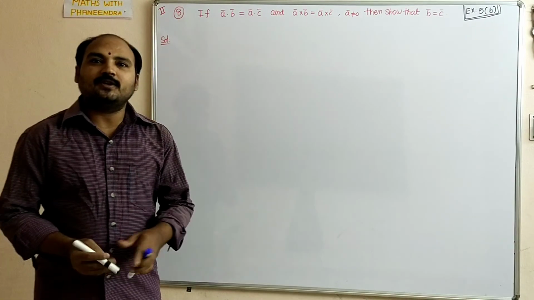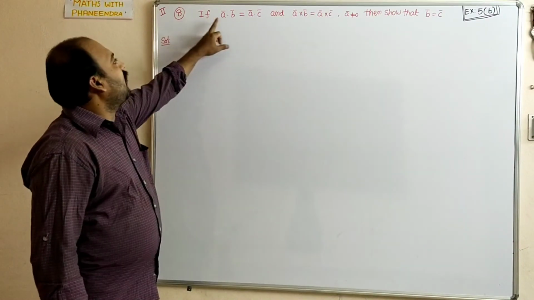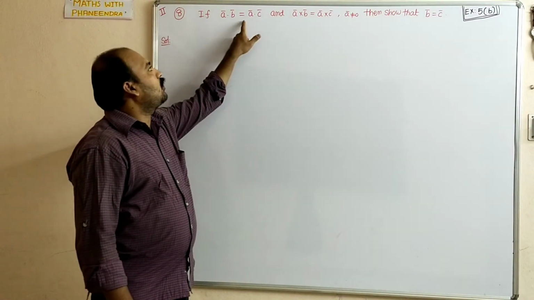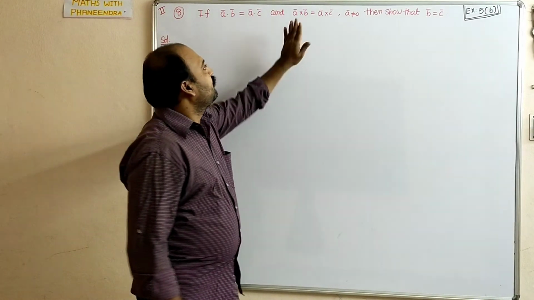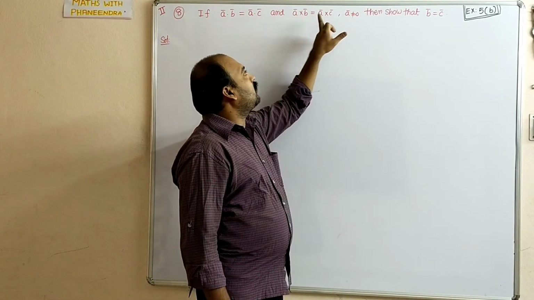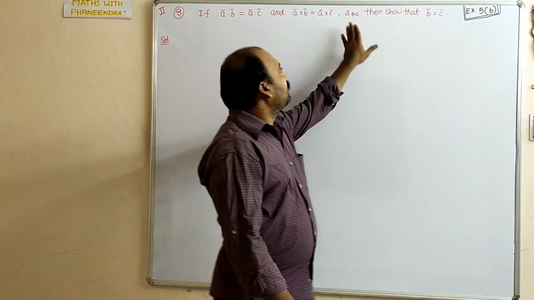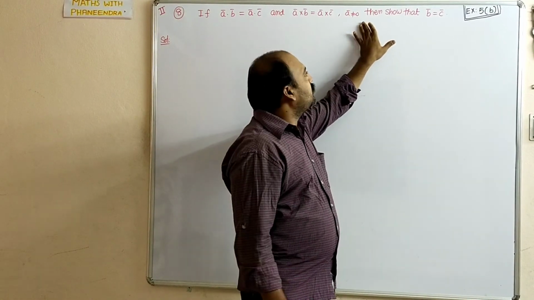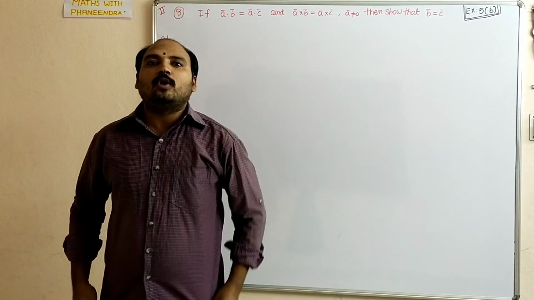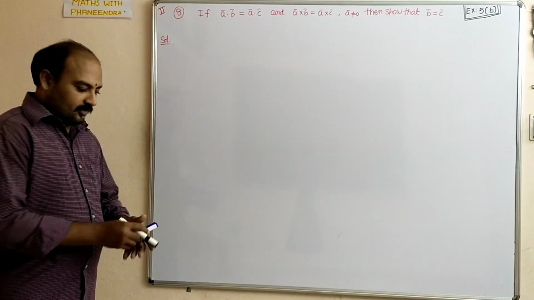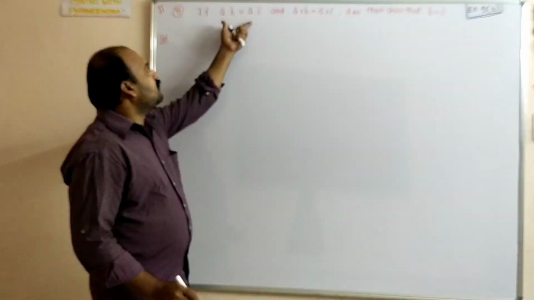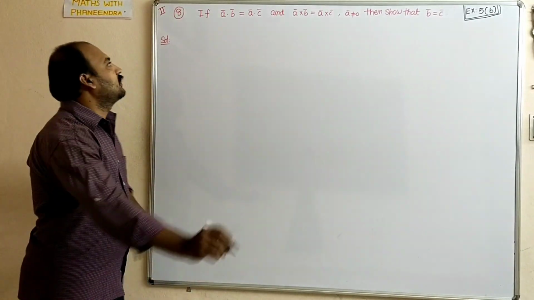The next question: if a bar dot b bar equal to a bar dot c bar and a bar cross b bar equal to a bar cross c bar and a bar is not equal to 0, then show that b bar equal to c bar. See here, first one condition you can take and after that another condition.